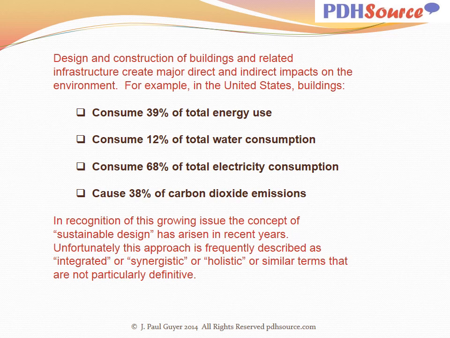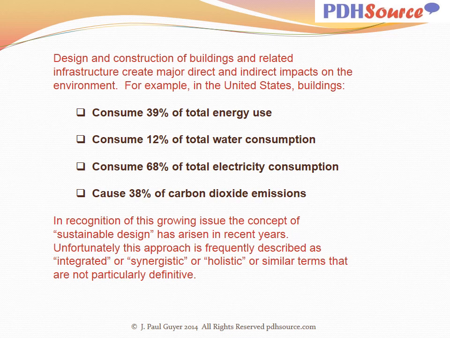These numbers that have popped up also indicate that 68% of total electricity produced in the United States is consumed in buildings, and that's a pretty big number. Also, along with these numbers, there's a number that says that buildings cause 38% of carbon dioxide emissions.